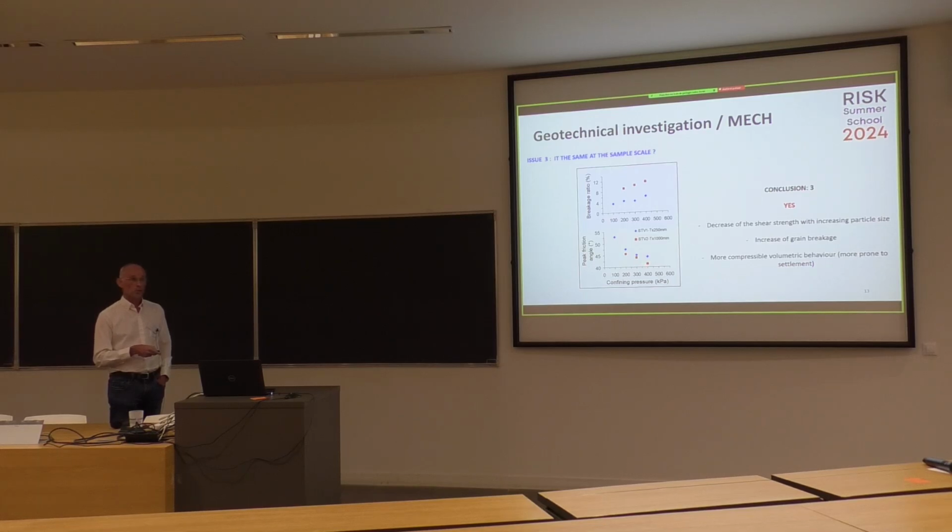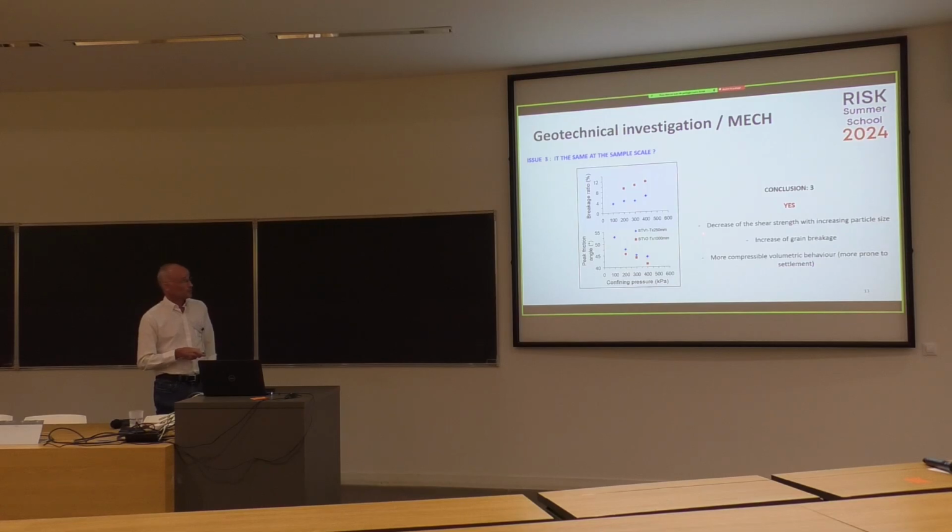In fact, we observe that it is correlated with the breakage of the particles. And as I said before, the largest particles are more prone to failure than the smaller ones. And this is exactly what we observed.